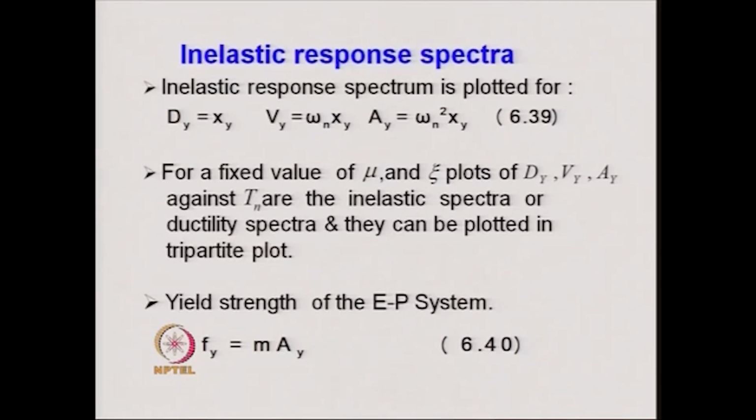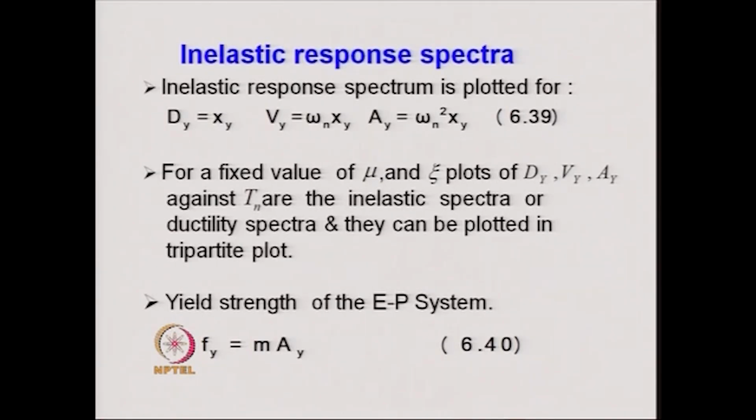Both the elastoplastic system and the equivalent elastic system have the same stiffness up to the value of the yield strength F y, and that is how we defined F bar y is equal to F y divided by F 0. Inverse of that is called the reduction factor R y.